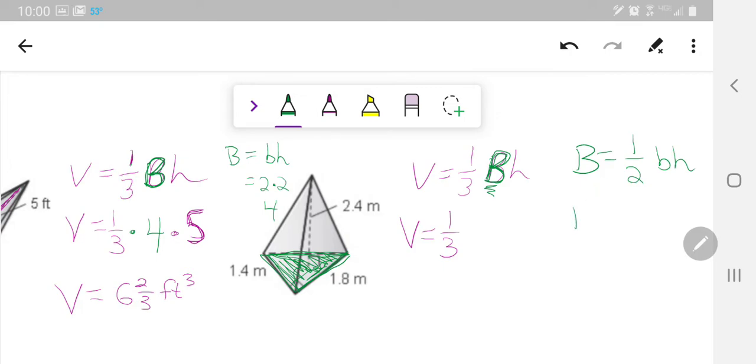We see the right angle right here in this corner, so we know that these two dimensions are the base and the height of that triangle.